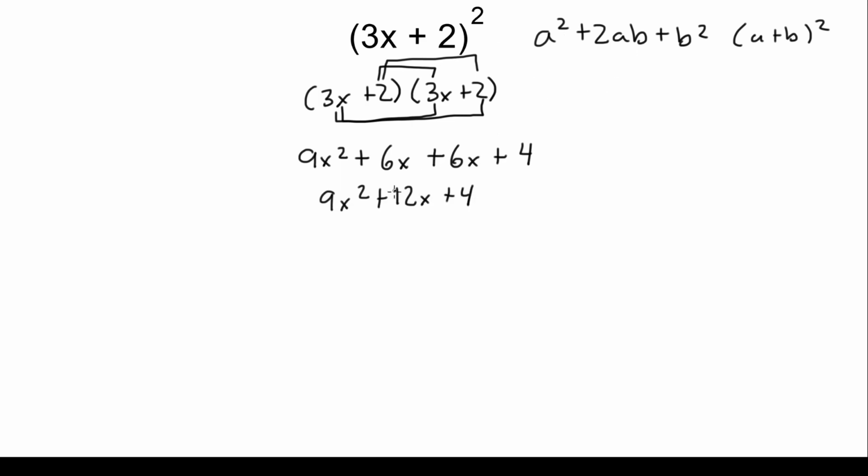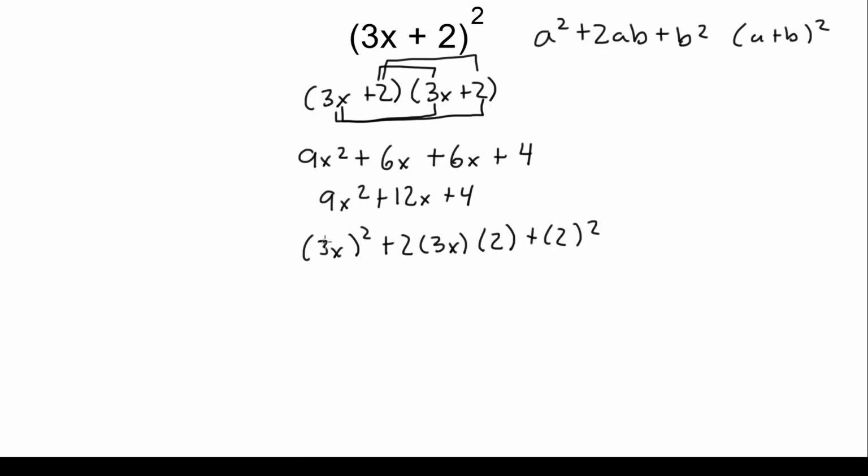And if we just did this equation, then we would have gotten 3x squared plus 2 times 3x times 2 plus 2 squared.